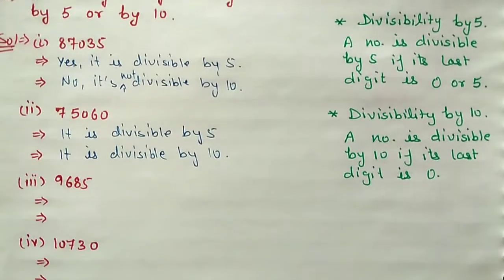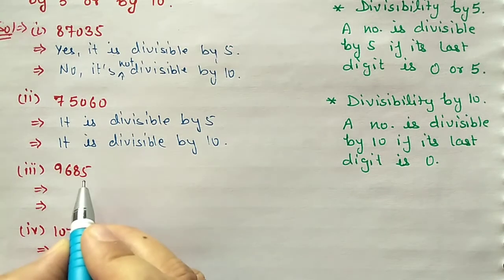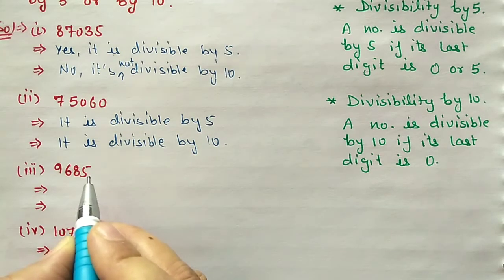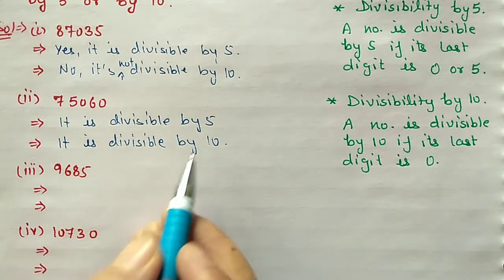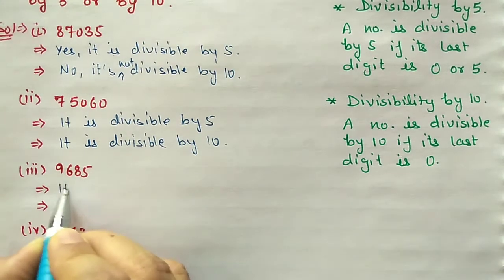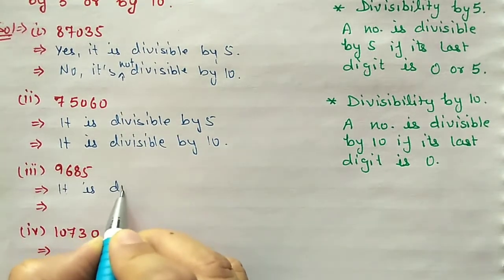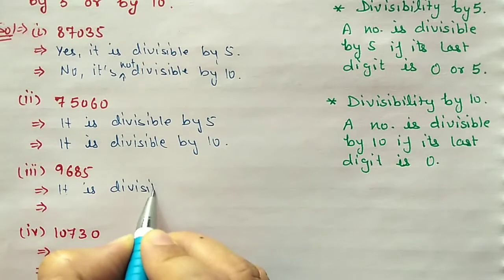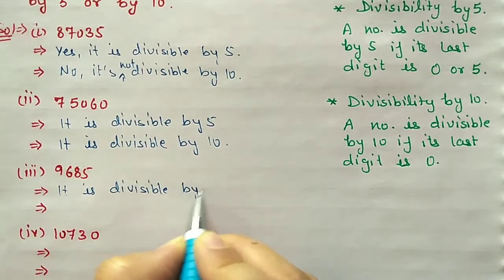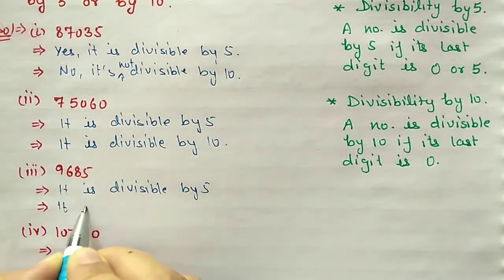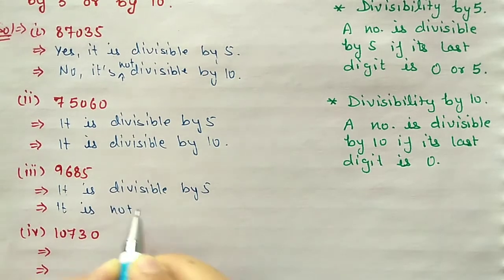Third number we have, 9685. Because the last digit is 5, it will be divisible by 5, but it will not be divisible by 10. So it is divisible by 5, and it is not divisible by 10.